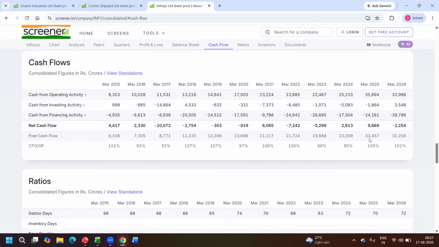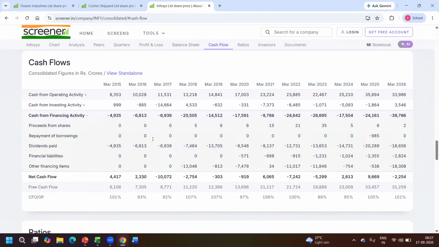We can see that the negative CFF reflects the use of the cash flows. So what is Infosys doing with it? Why is the cash from financing negative, and that too consistently negative for the last 10 years?